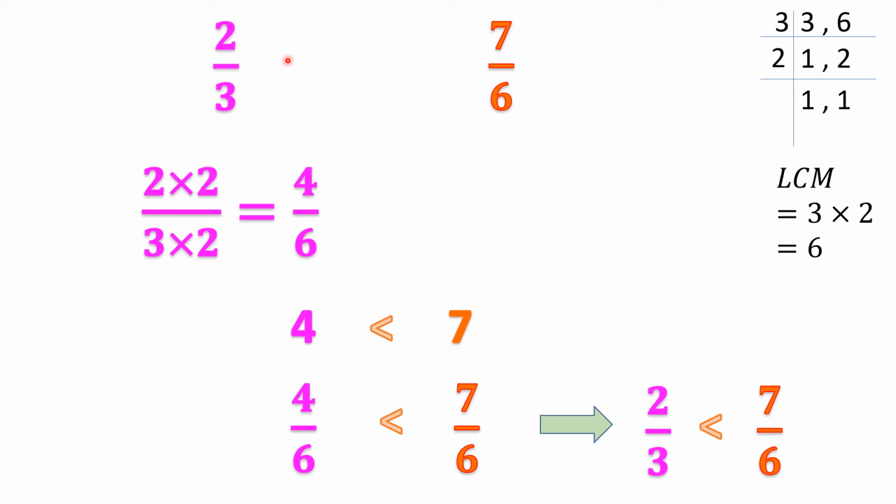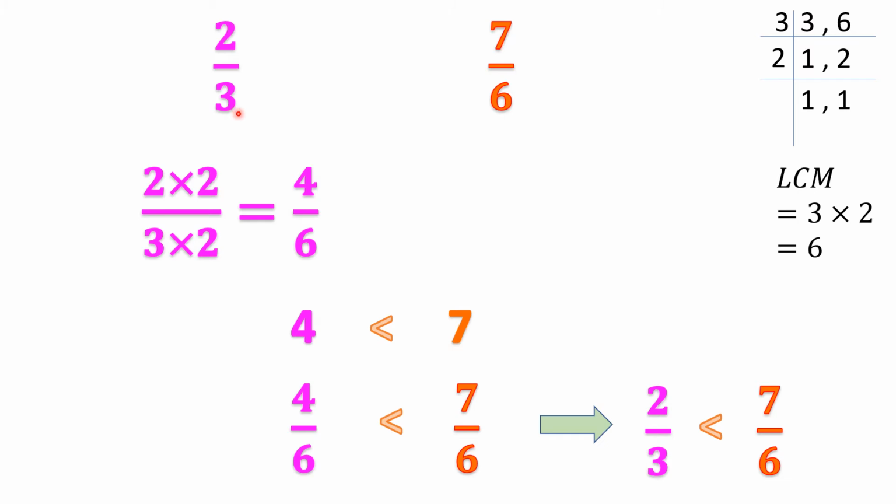So that means I have to make the denominator of this also 6, this also 6. Now you can see that here already the denominator is 6. So I can just leave this fraction alone. I don't have to do anything to this fraction, right? But here I can see that it is 3, it is not 6. So in order to convert it into 6, what should I do?